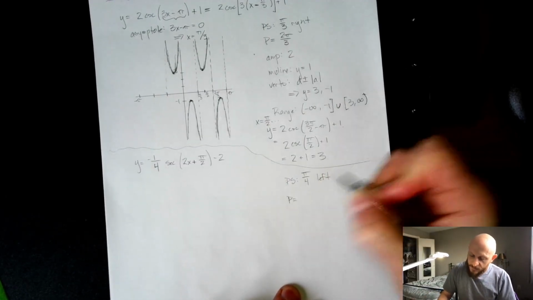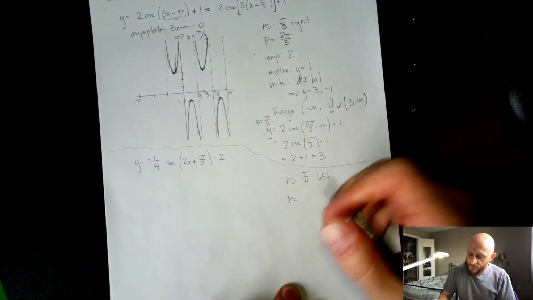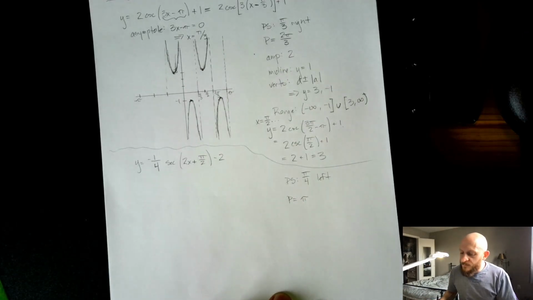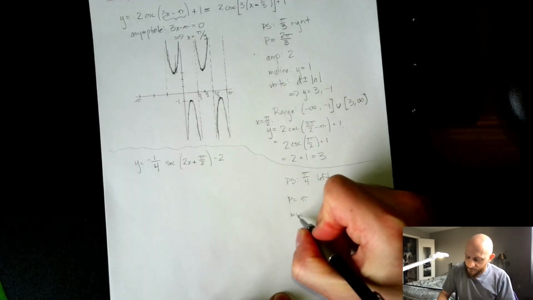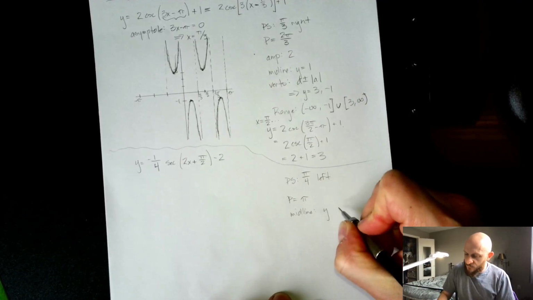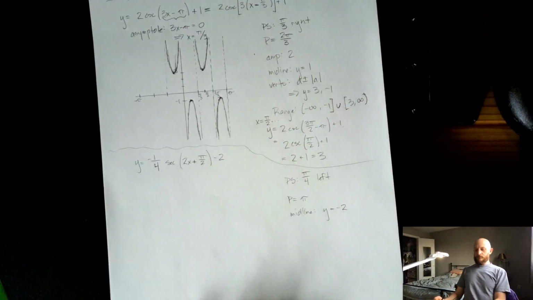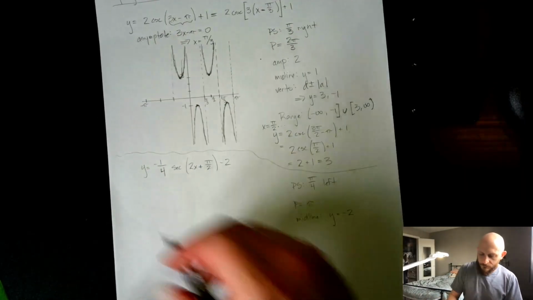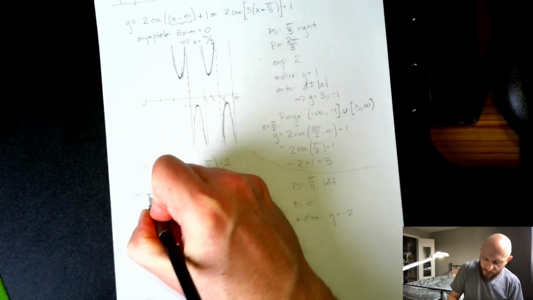Period is 2 pi over b, so 2 pi over 2, or pi. And maybe I'll just specify the midline, that is kind of helpful. Midline is y equals -2. Yeah, that seems good. All right, an asymptote. Let's find an asymptote.